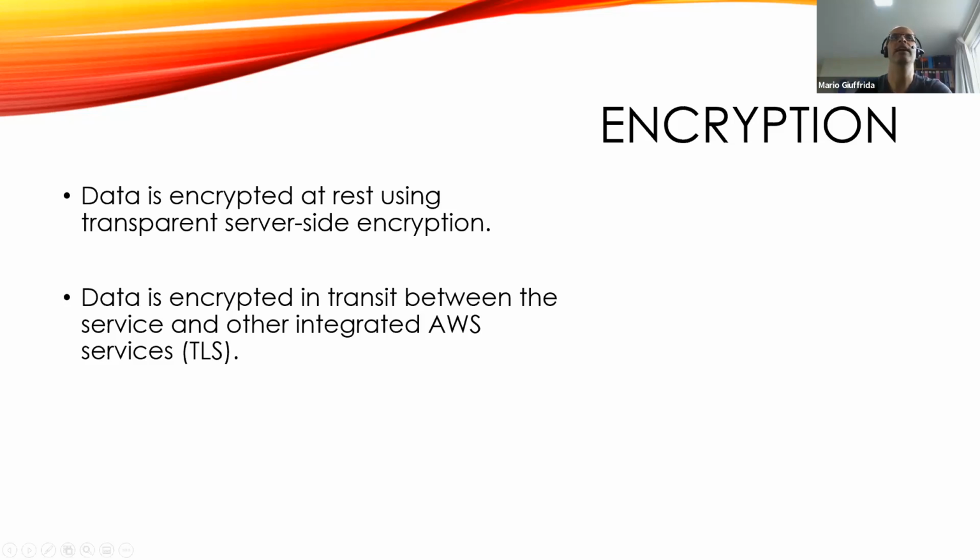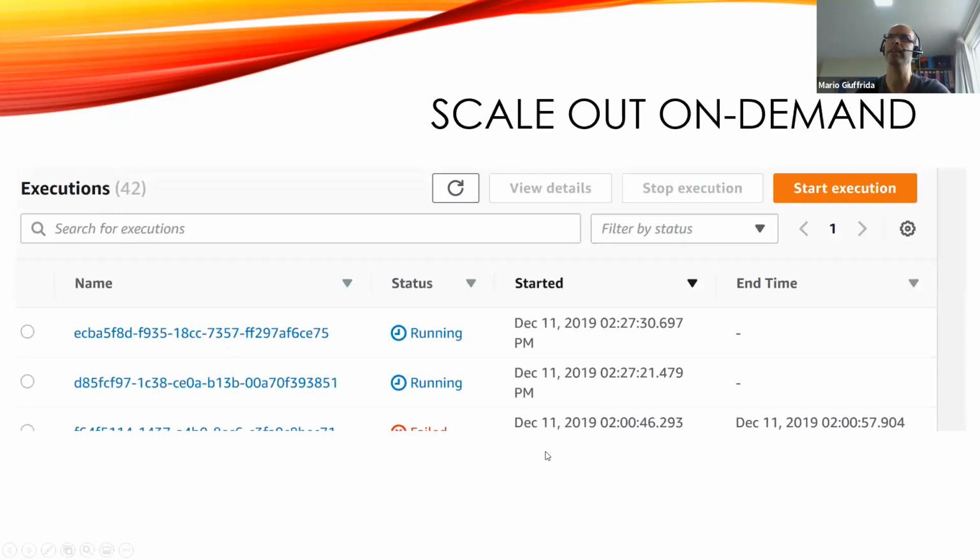So you have this kind of secure transition for all data that passes between Step Functions and integrated services inside AWS. Now we talk about scalability. We can scale out on demand. As you can see here, we have 2 executions running at the same time. You can configure a trigger, an event that automatically raises a step function.